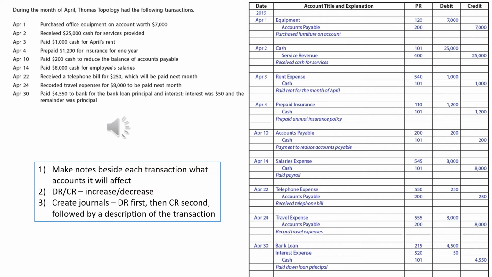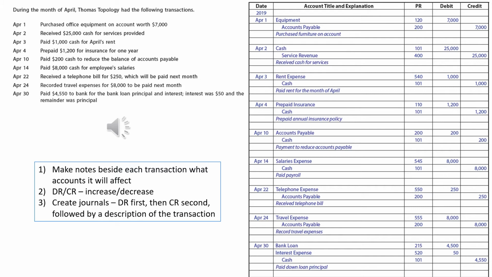In this case, you actually have two components on the debit side. So you will debit your bank loan by $4,500. This is to reduce the liability, the amount owing to the bank for your loan. You will then debit the interest expense for the $50 as indicated, and you'll credit cash for the total amount of the payment to the bank of $4,550 because your cash balance did decrease, therefore it's a credit to the cash. And this is because you paid down loan principal and paid the interest owing on that transaction.